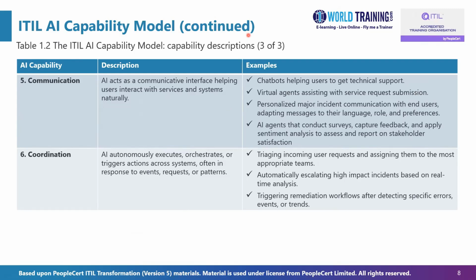So we had something similar under creation, but in creation, new text is created based on stakeholders' language, role, and preferences. But here, this is major incident communication based on available incident data.